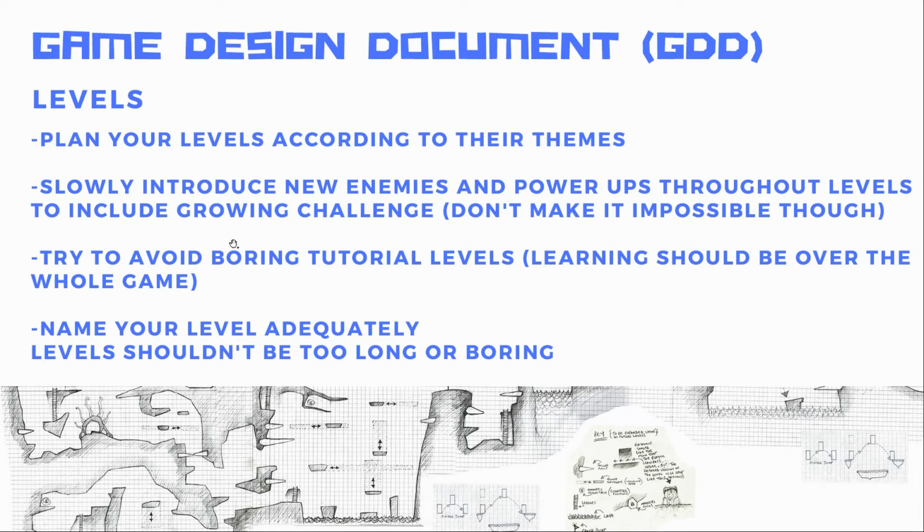So let's say in level 1, each time my player strikes, he will get 10 points of attack. In level 2 he will get 15. In level 3 he might get 20, or he might even unlock a new ability like magic or health, etc. You have to have this growing challenge and give more power-ups and enemies throughout the levels.